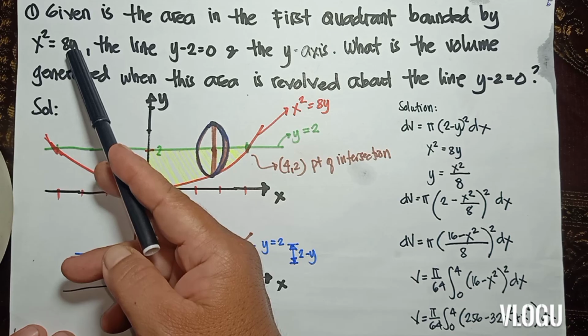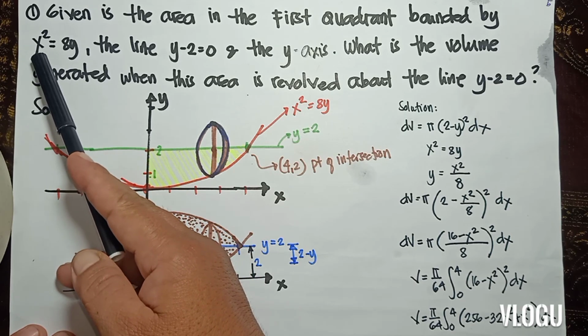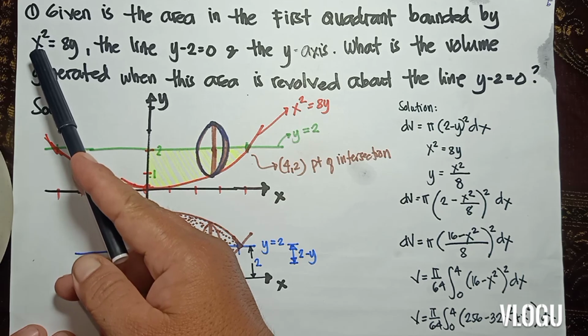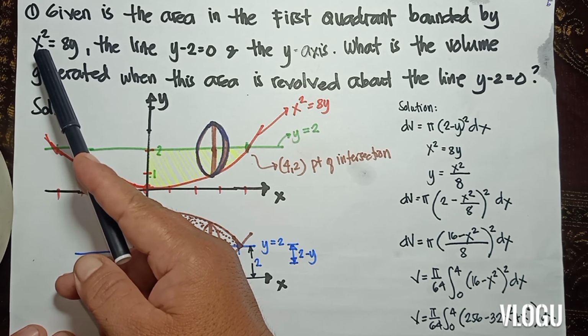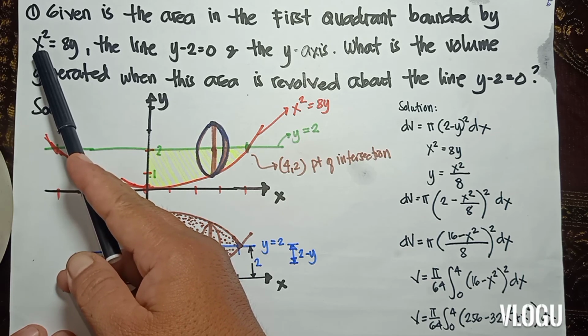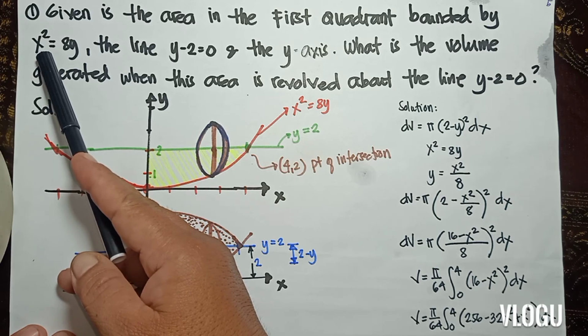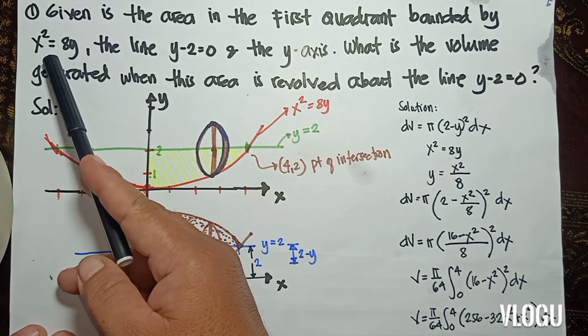Okay. If you look at x squared, the one being curved is the x-axis because you have an exponent at your x. That is an indicator of the direction of the curve for this given.